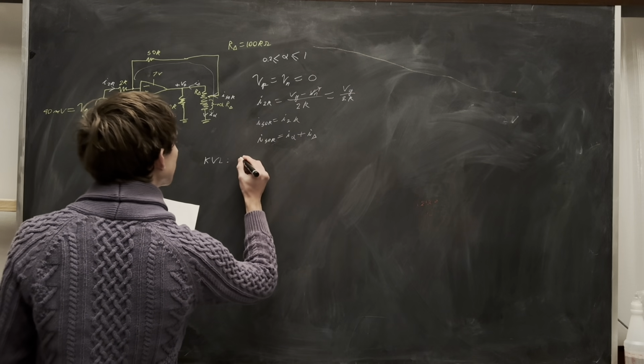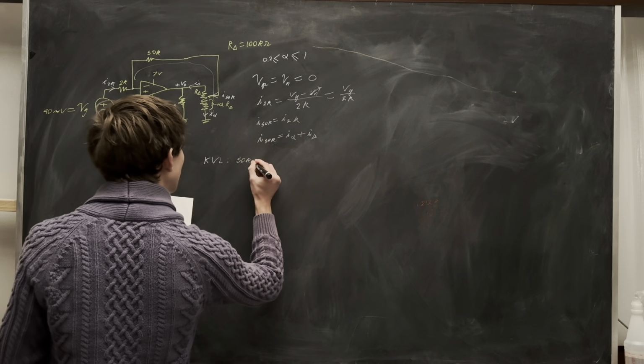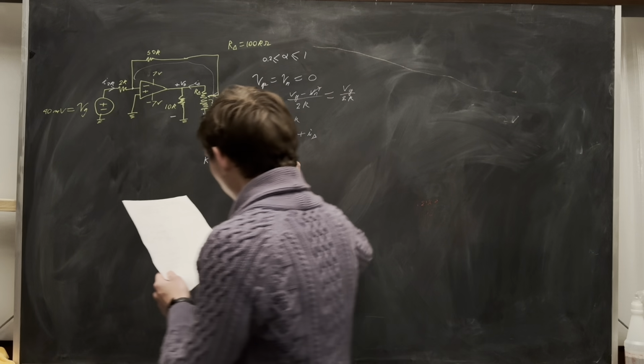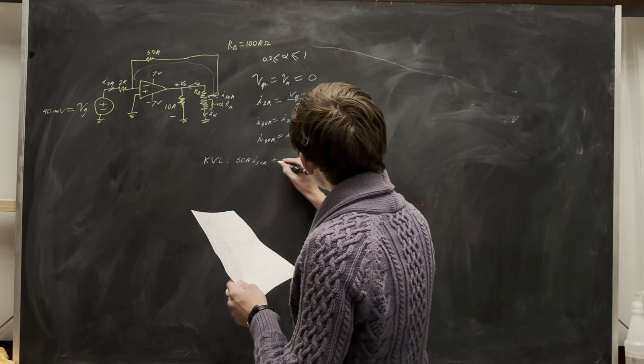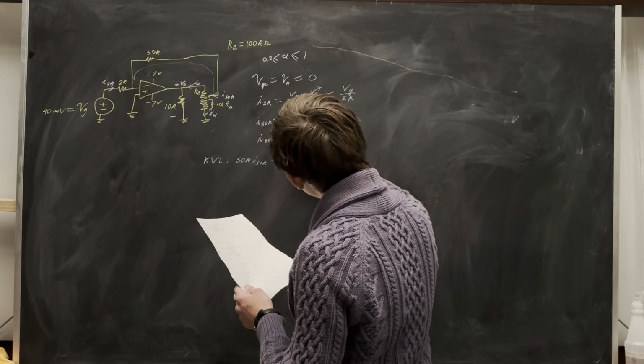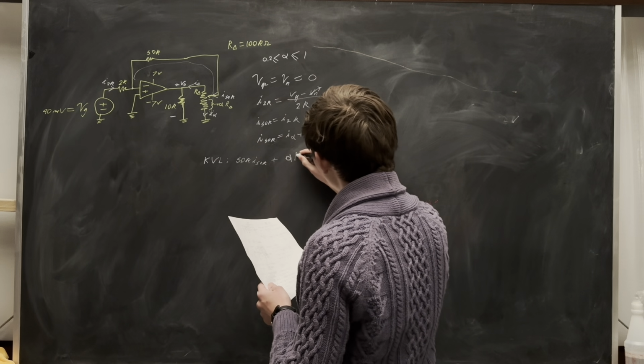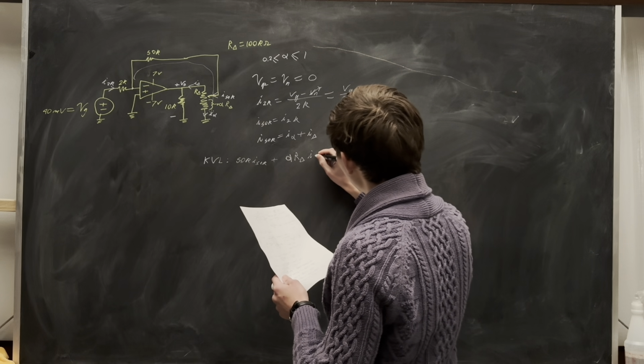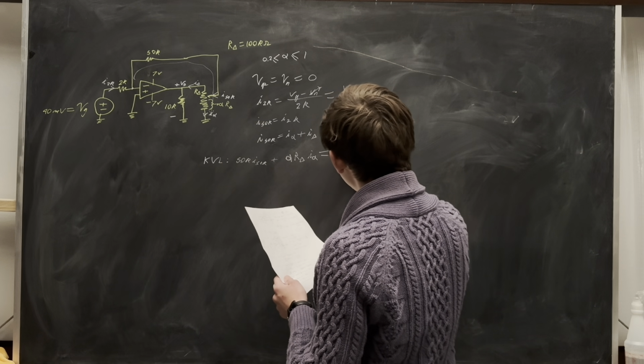We get 50K times I50K plus alpha times R delta times I alpha equals 0.